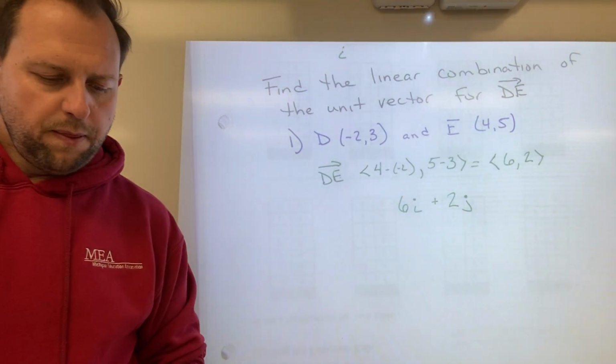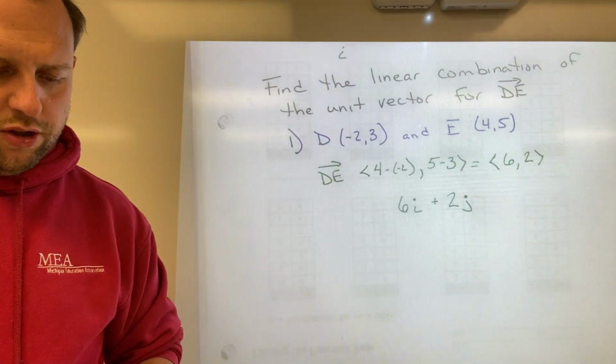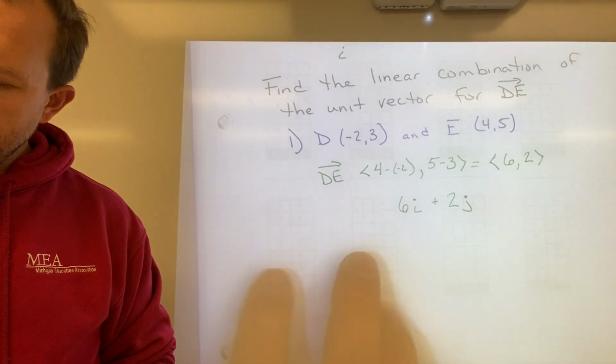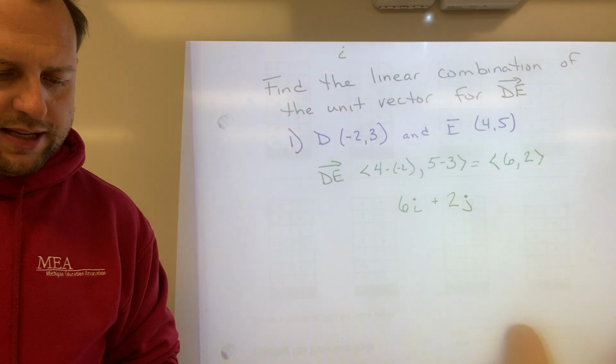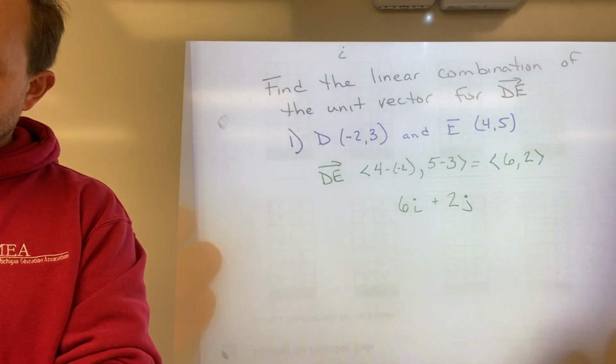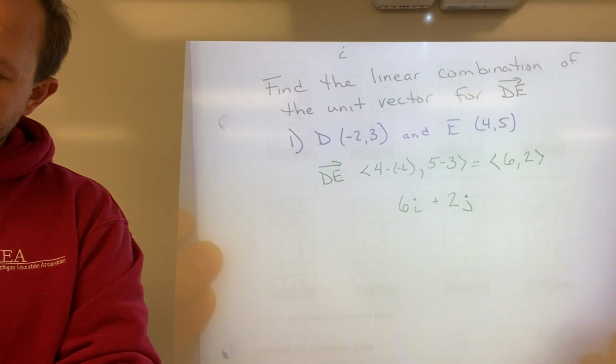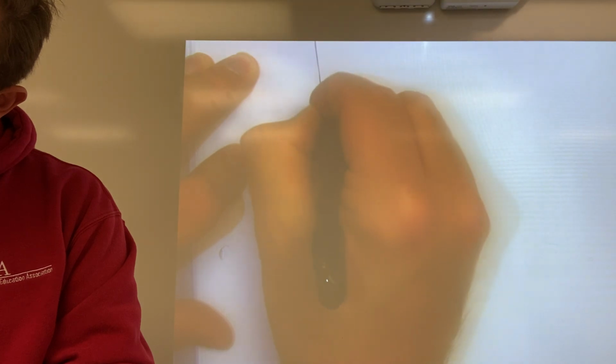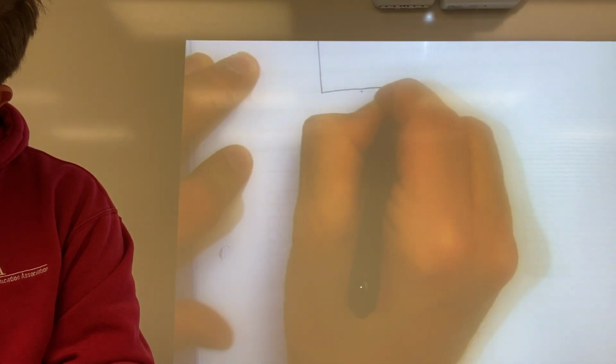Okay? If we want to look at this from another aspect, going back, looking at it from a little bit of the trig perspective, we can draw out our axes.